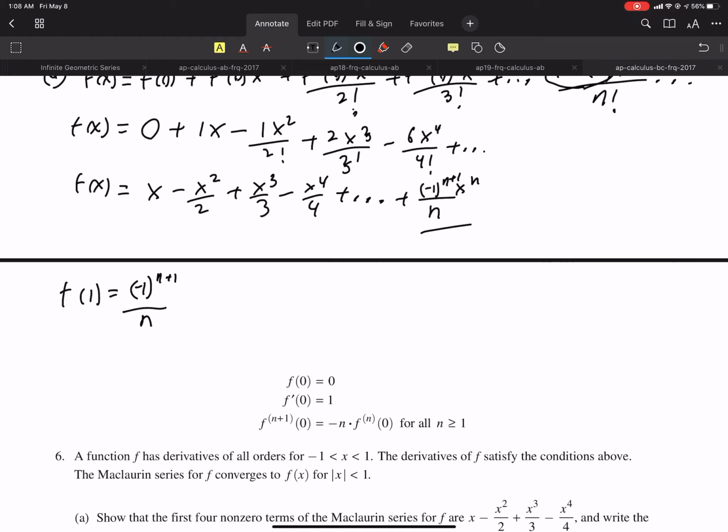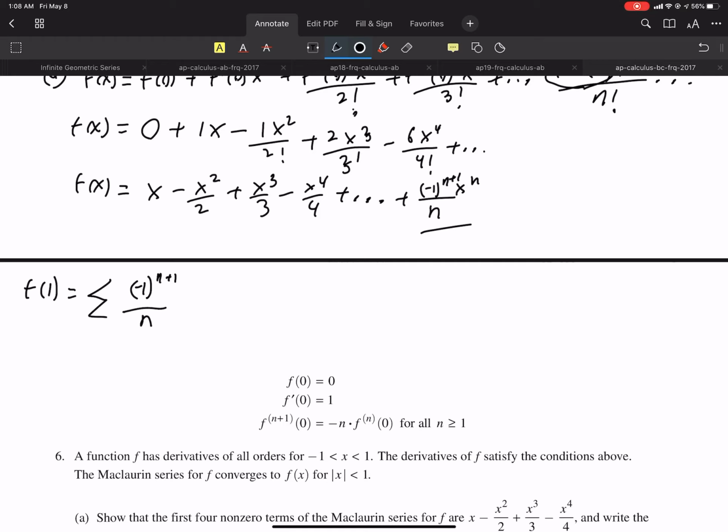Actually, I forgot my, let me fix this. Okay, it's that series. So you can see that this is an alternating series whose terms decrease in magnitude to 0.